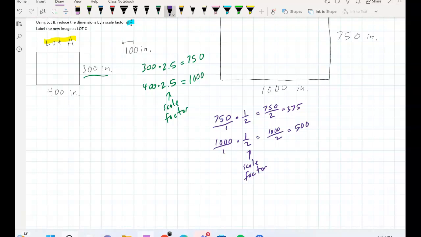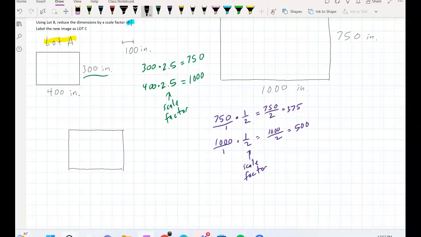Okay, and so now we have to draw a new box that will be lot C, and it measures 375 inches by 500 inches. So that's going to be, let's see, 100, 200, 300, and almost 3/4, and 500, so 100, 200, 300, 400, 500 that way, and down.